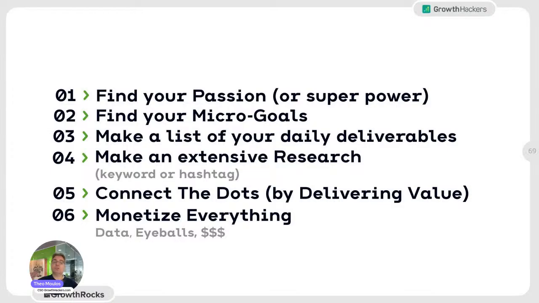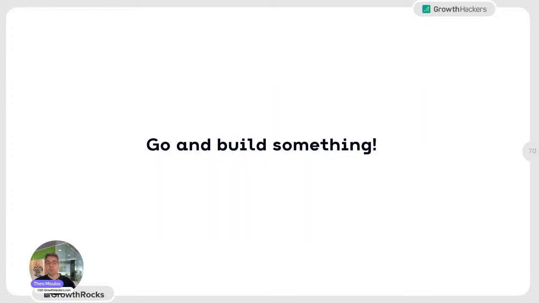Finding my passion, my superpower, finding my micro goals, creating a list of my daily deliverables, then doing extensive keyword research through Ahrefs. I started back then, and then by connecting the dots and delivering value, and by monetizing everything in a fully consistent manner.